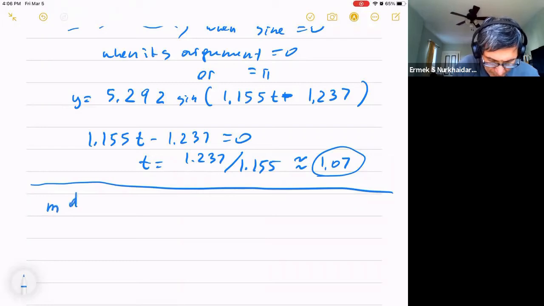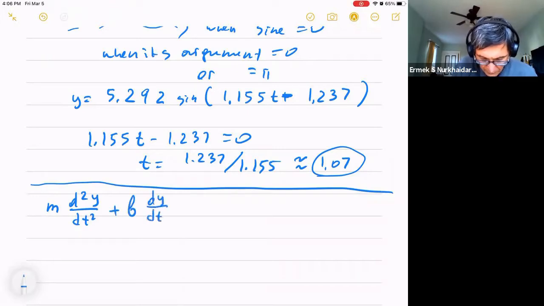m second derivative d squared y over dt squared plus b first derivative plus k y equals 0.